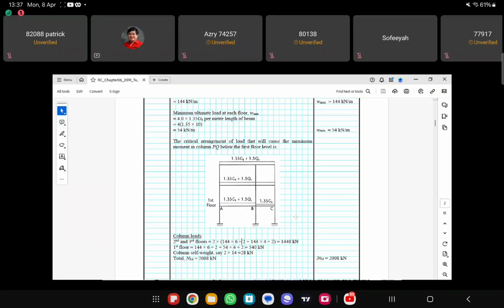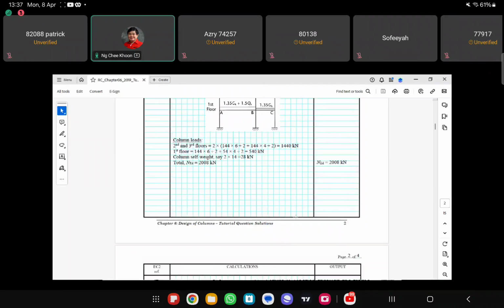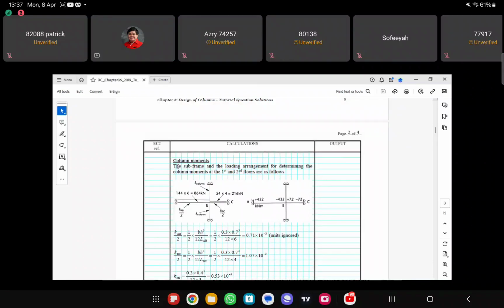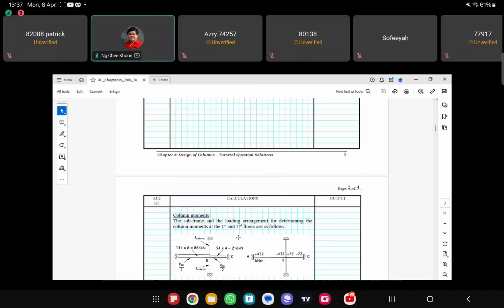Okay, no question. Then we move on to calculate what you call the column moment. So for this one we use the BS 8110 subframe division.